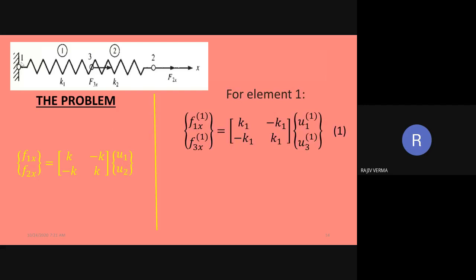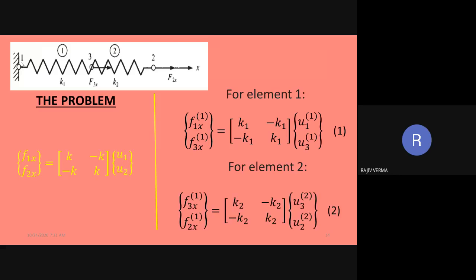So for element number 1, we get equation number 1. For element number 2, we get equation number 2. And in these 2 equations, please note that the forces and the displacements have been written in terms of the nodal numbering.